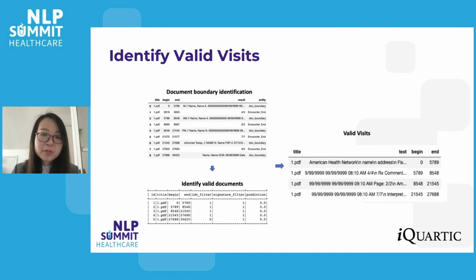Here we can see the beginning and the end of the document, and we have the text extracted within these valid visits. This will be the next step moving forward to other use cases. So here we can successfully split the document and select the documents that we are interested in. Next, please.